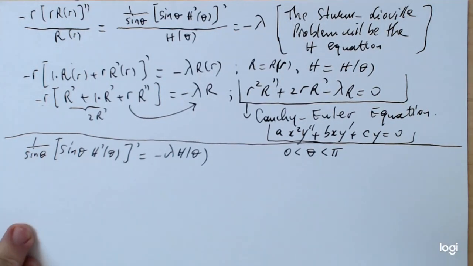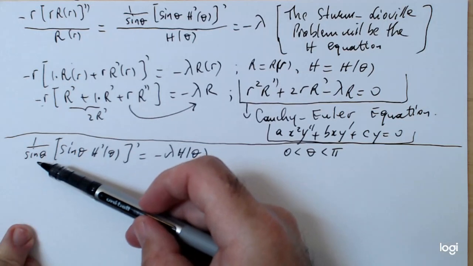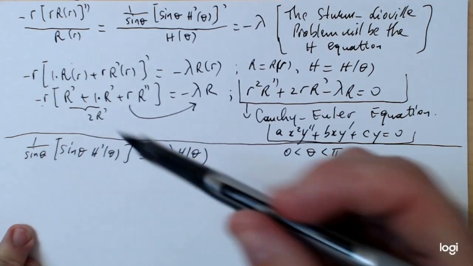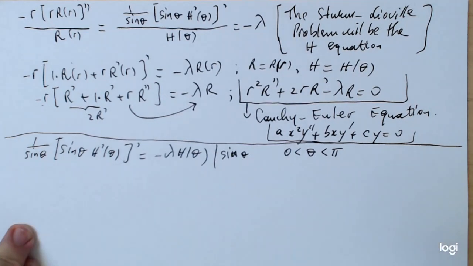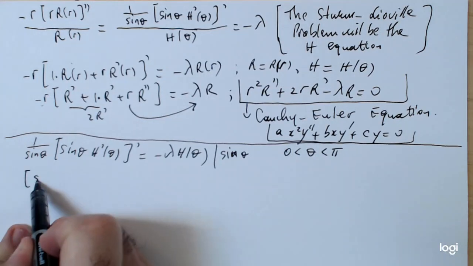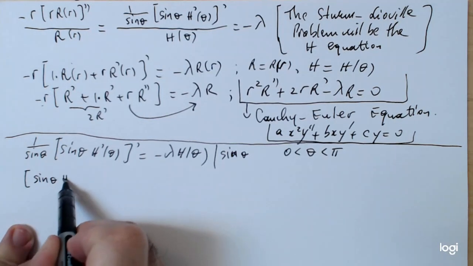And just to remove this annoying fraction here, let's multiply both sides by sine of theta and then move everything to the left side. This is going to be basically your standard format for the Sturm-Liouville problem.